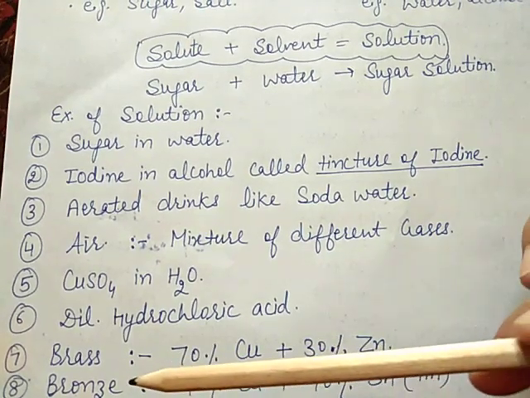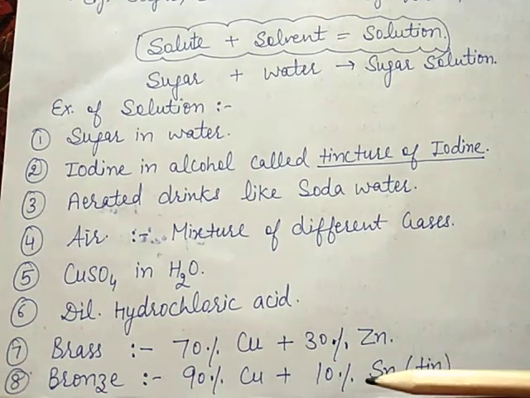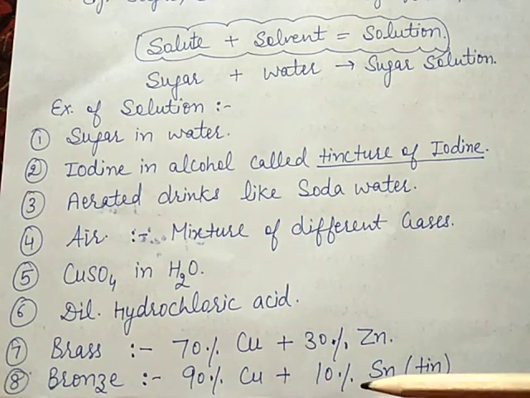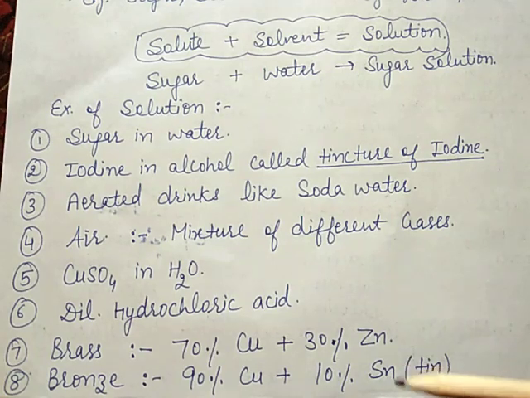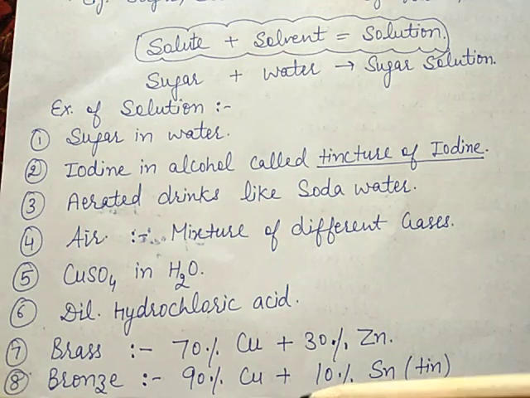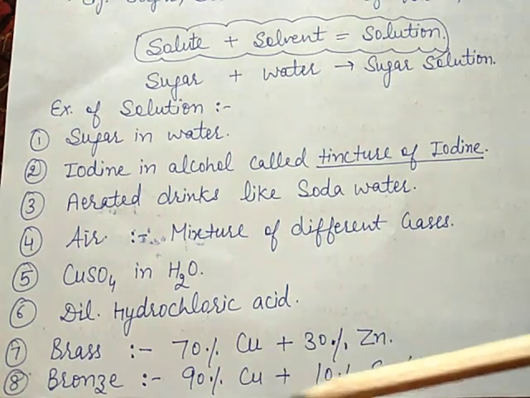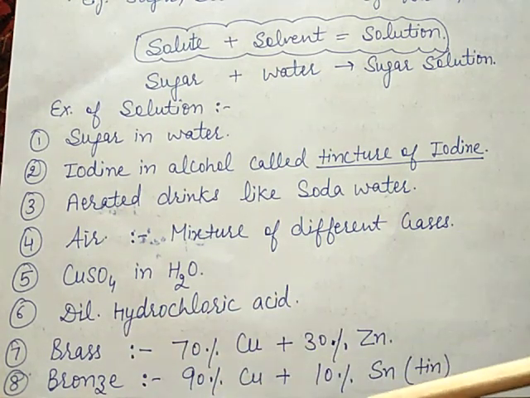Now next is bronze. Bronze is also an alloy which is made up of 90% copper and 10% tin. Tin symbol is Sn. It is used for making coins and utensils. So it is also a solid in solid solution.